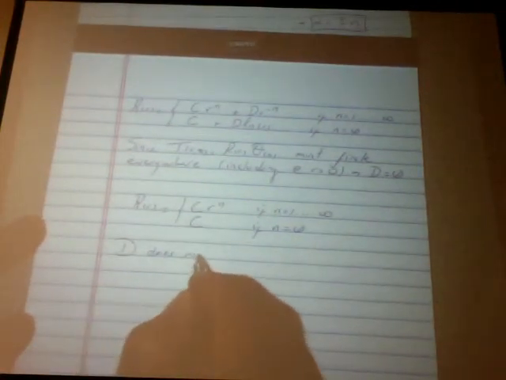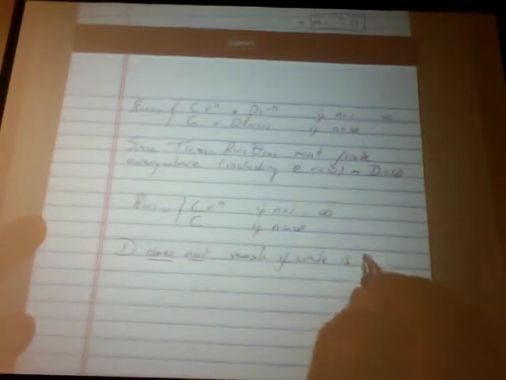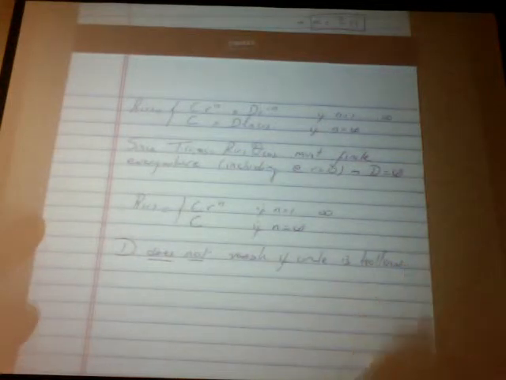Alright? Now you cannot say this if the circle is hollow. D does not vanish if the circle is hollow. Alright?